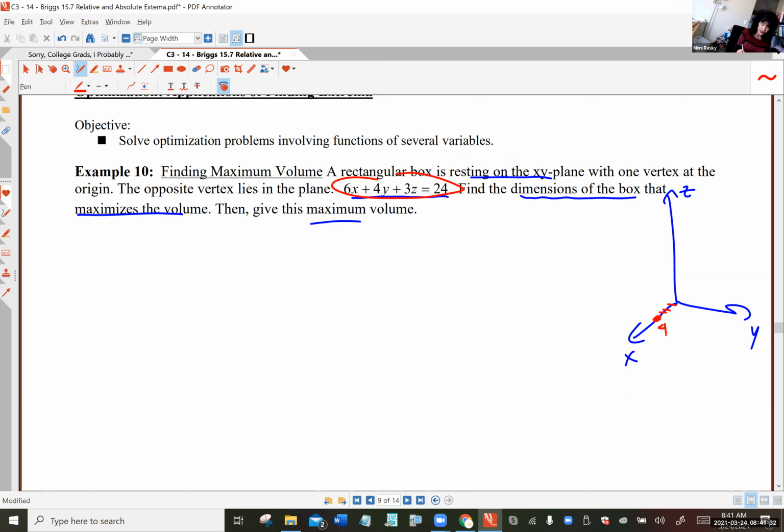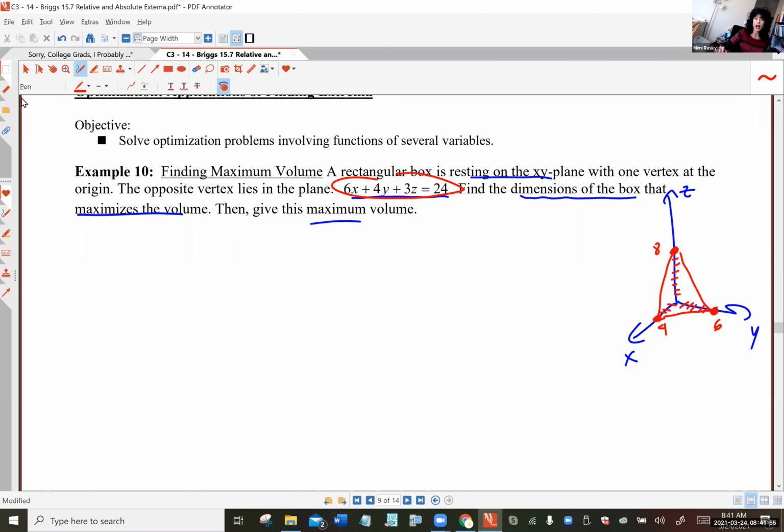If I set x and z equal to 0, I'll have 6 be the y-intercept. And if I set x and y equal to 0, I'll have 8 up here on the z-axis be the z-intercept. And so the traces of the plane are these straight lines. And this is the portion of the plane there in the first octant.